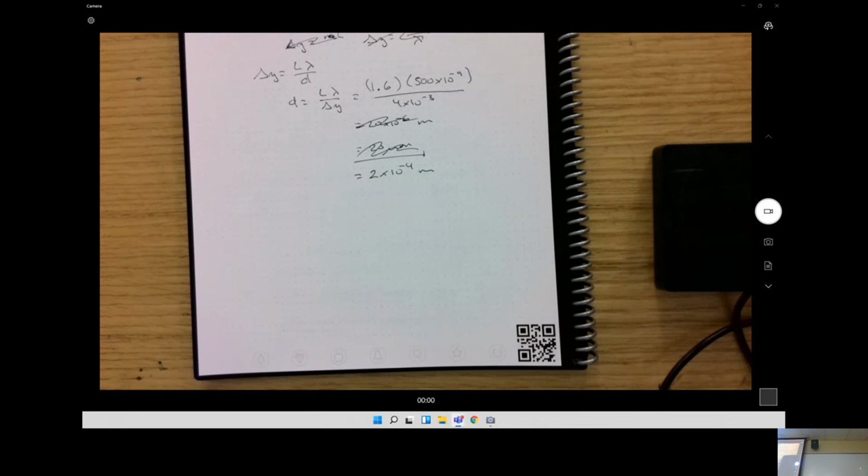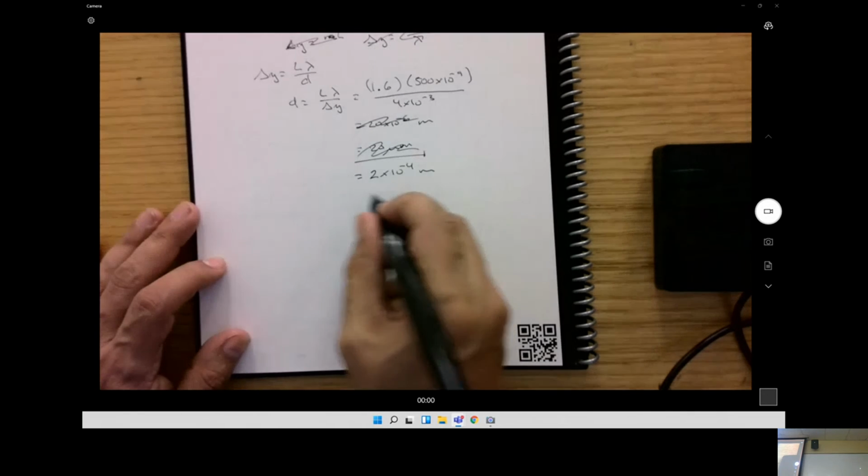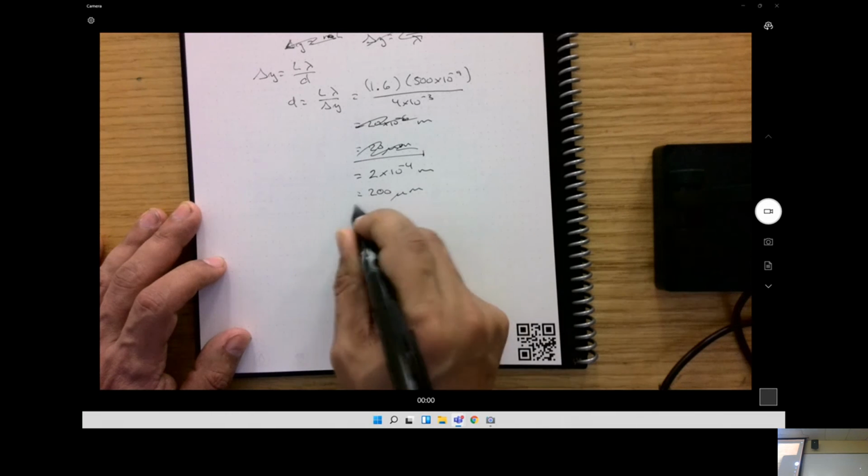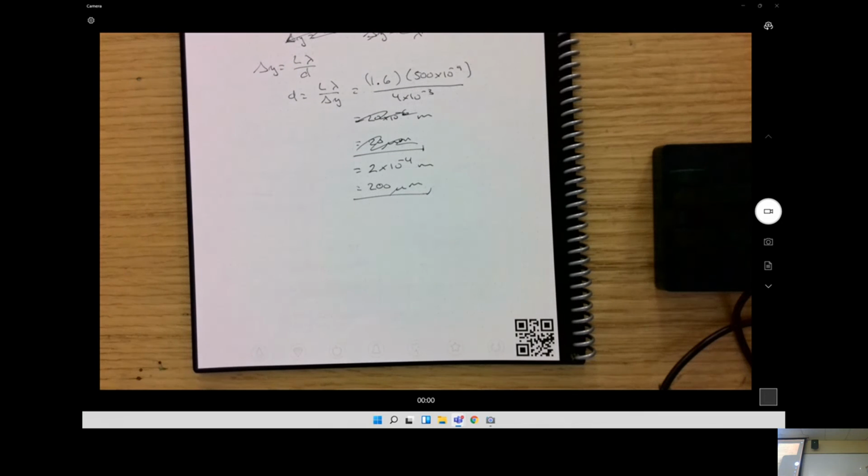Okay, so that's 200 micrometers. Makes sense? Okay, so I'm going to stop here with interference.